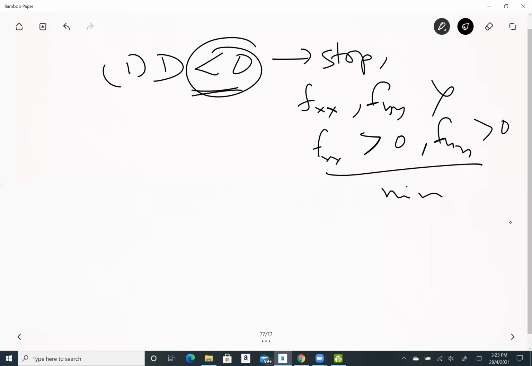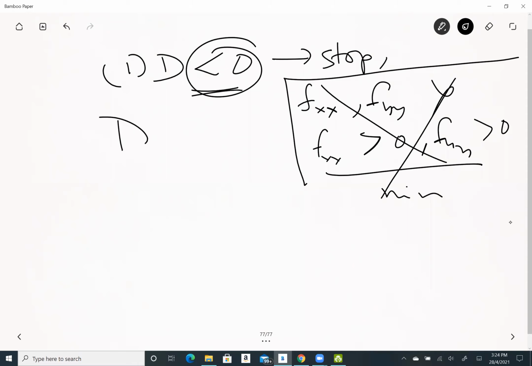So that's why we stop there. You don't need to get into the computation of the fxx, fyy. Even same thing, if you got D equal to 0, then no conclusion, you also stop there. You don't need to find the fxx, fyy at that point.